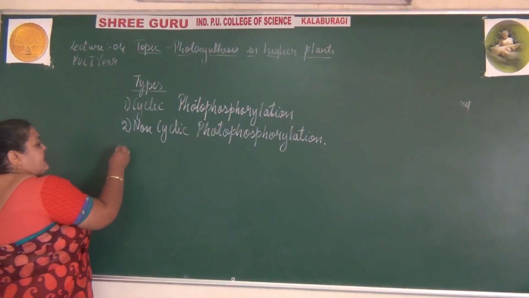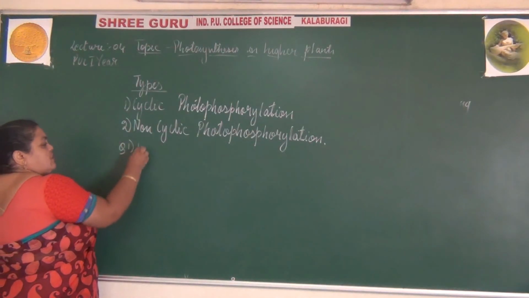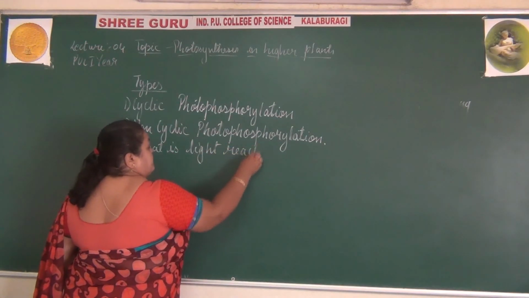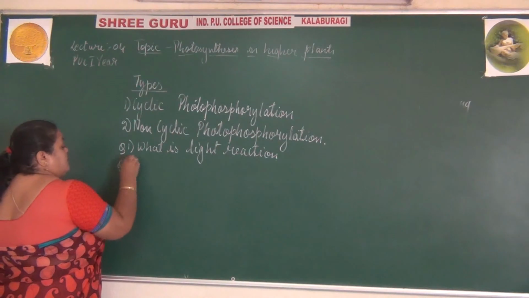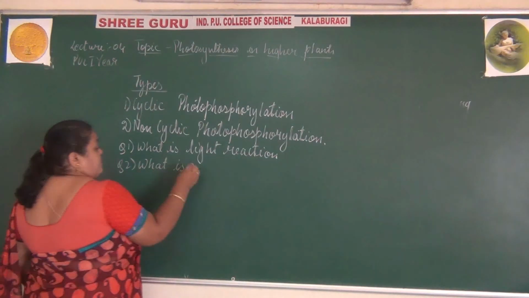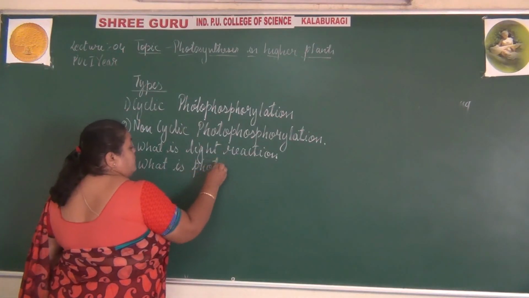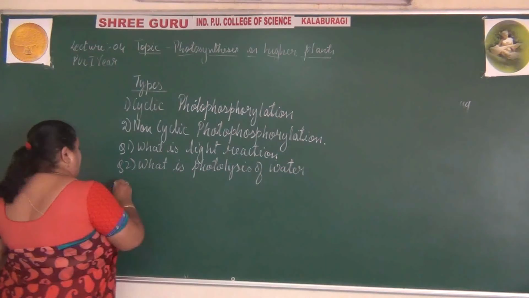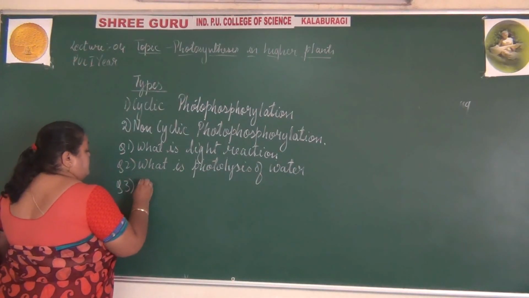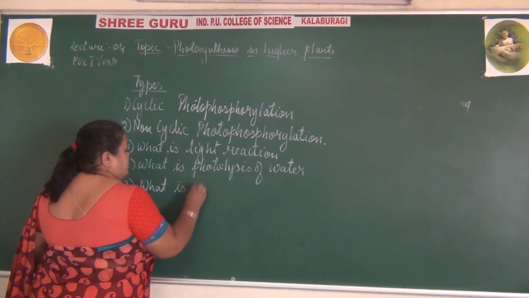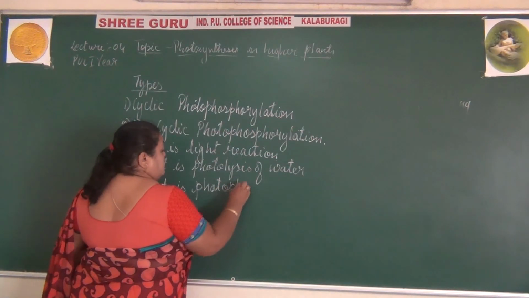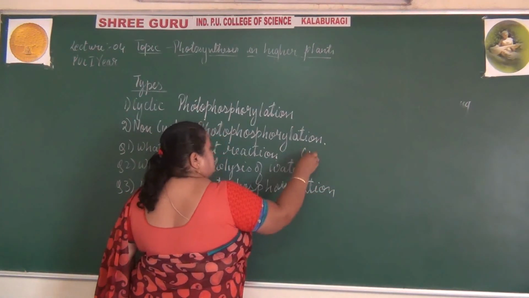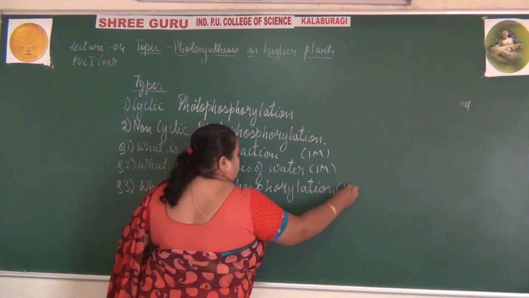The questions of today's class are: what is light reaction, what is photolysis of water, then what is photophosphorylation, each for 1 mark.